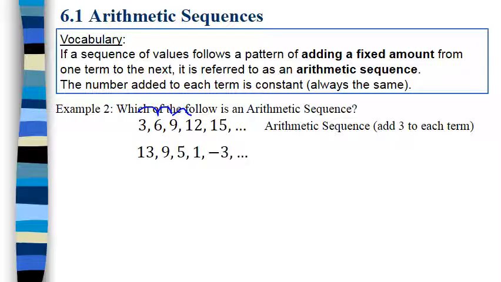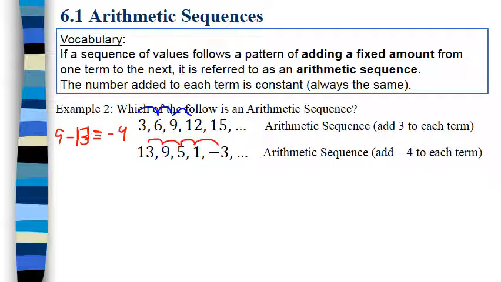If you look at this next example, it might be a little bit more difficult, so we could actually work backwards. If we do 9 minus 13, we get negative 4. So is negative 4 what we're adding? We could call it the common difference. If we add negative 4, we get 9, then negative 4 would be 5, then add negative 4 to get 1, and add negative 4. So indeed, that is another arithmetic sequence.